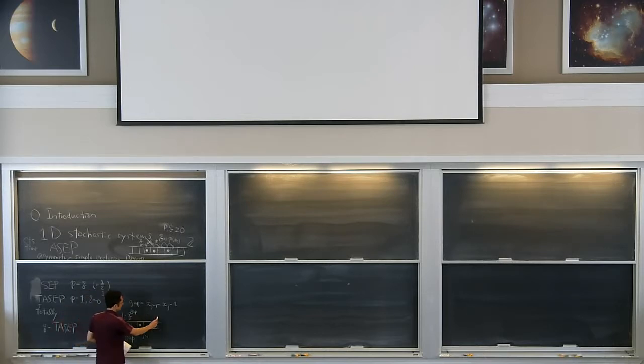This is a different parameter between 0 and 1. Again, by rescaling time, maybe one can introduce 1 minus q. And then we could also consider the limit in which q goes to 1. But yeah, this is a minor comment.